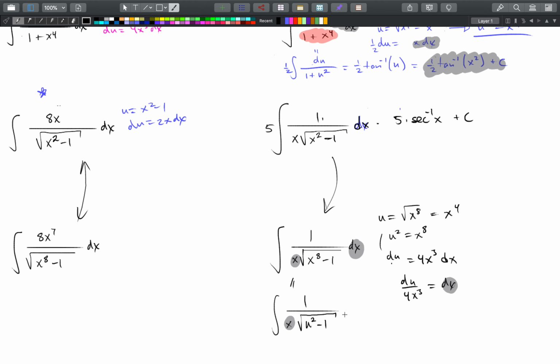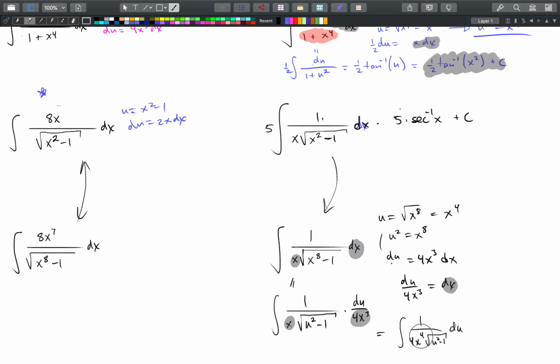My dx has now been transformed into du over 4x cubed. This 4x cubed is going to commute in the multiplication with this radical, producing 1 over 4x to the 4th radical u squared minus 1 du.